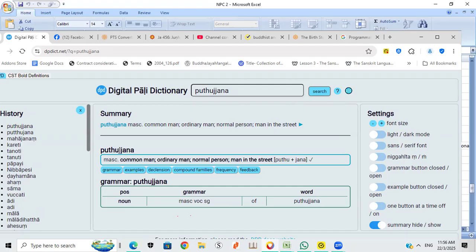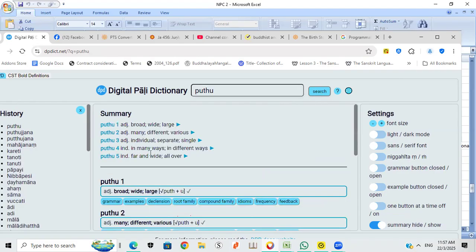So here the word putu is actually many. You see here is common people, ordinary. You take the word putu again, you see that it means many. Can you see the word broad, wide, many?